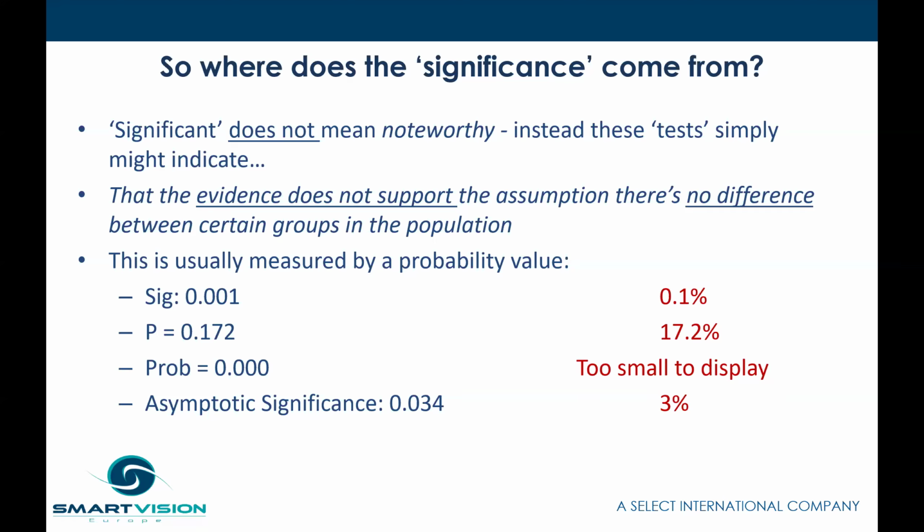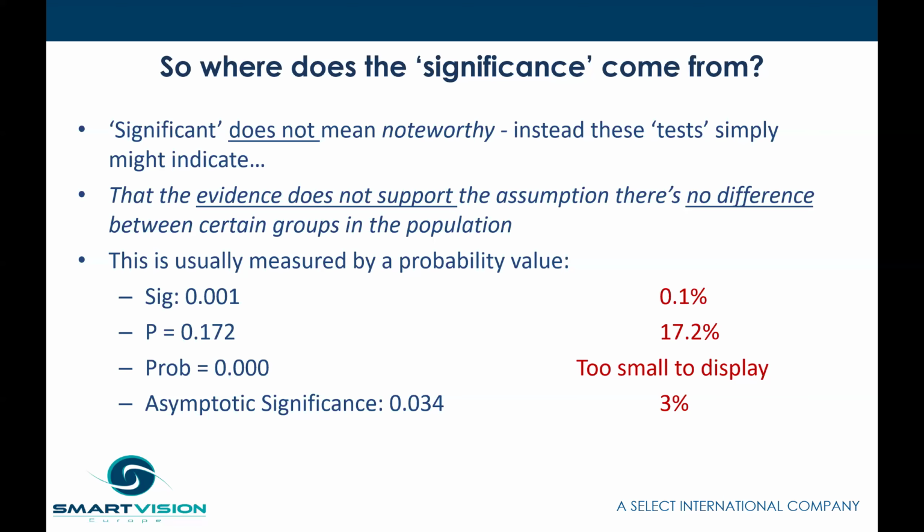It just means that there aren't enough decimals to display the true probability. And in SPSS, if you want to see the true probability, you probably have to double click on the cell that the probability value appears within, and it would show you the true probability value, or at least show it in scientific notation. And a value of 0.034 would be 3.4%, or 3% if you're rounding it.